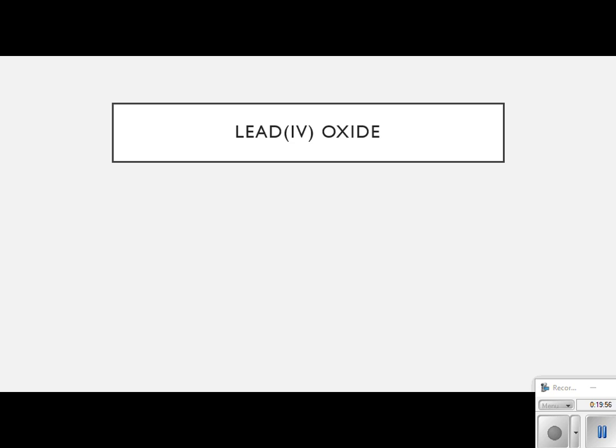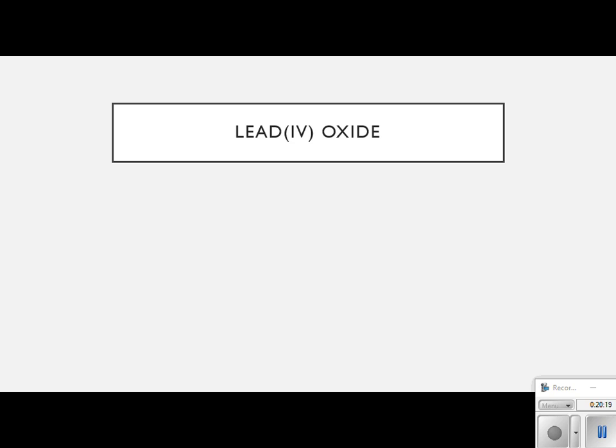Now, when we talk about cations, positive ions, they are sometimes what we call multivalent. Multivalent means that it could take two different charges or more. Many charges.